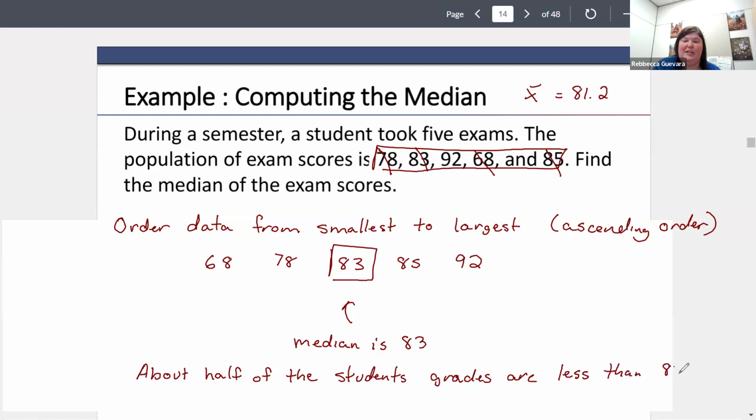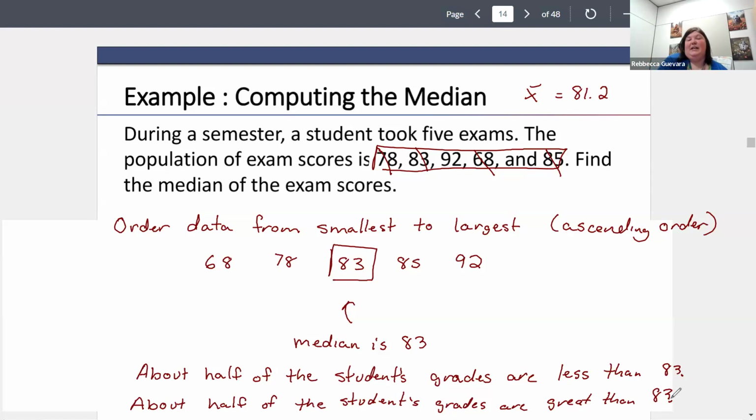We say about because 83 is in there, so it's hard to do half when you have 5 data points.